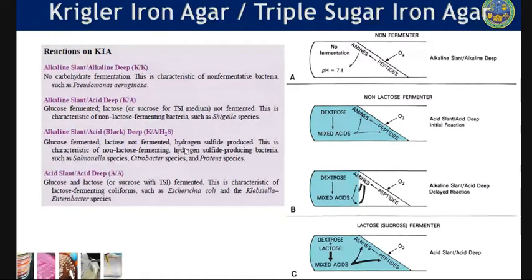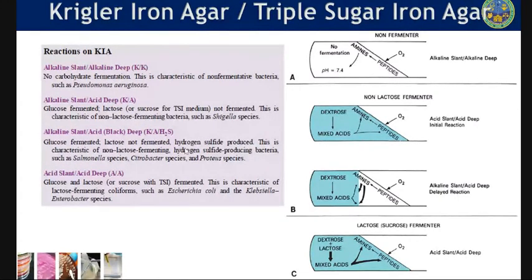And then the last is acid slant and acid butt. The whole preparation, the slant and the butt portion, is actually yellow. Formerly, with alkaline slant and acid butt, you have a red slant and a yellow butt. But for acid slant, acid butt, the whole agar is yellow in color.